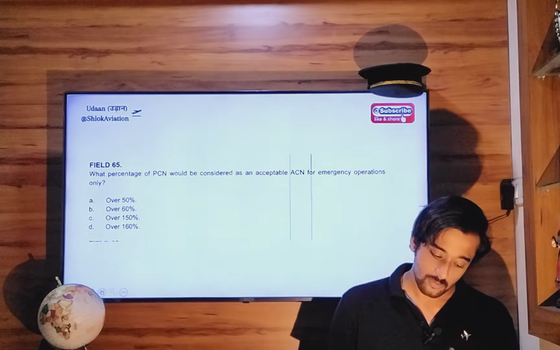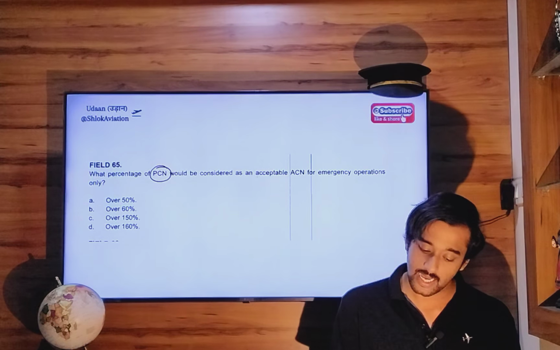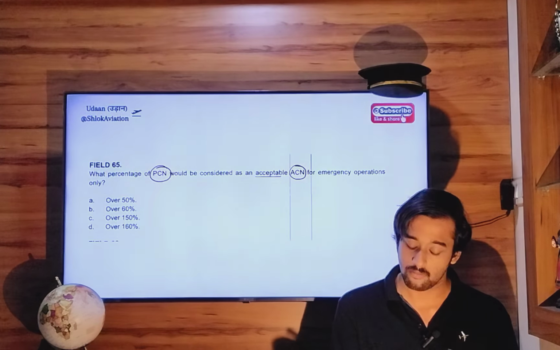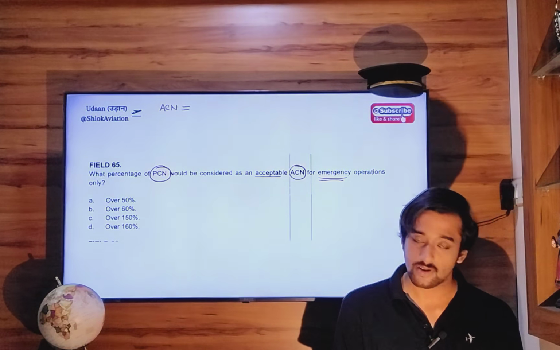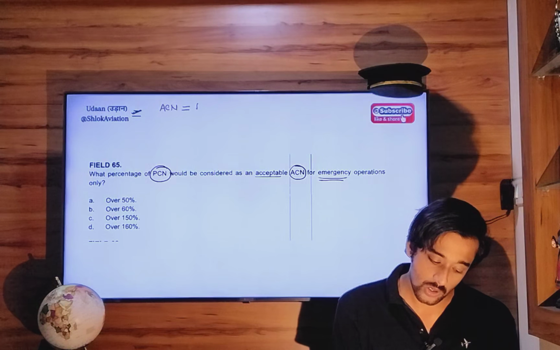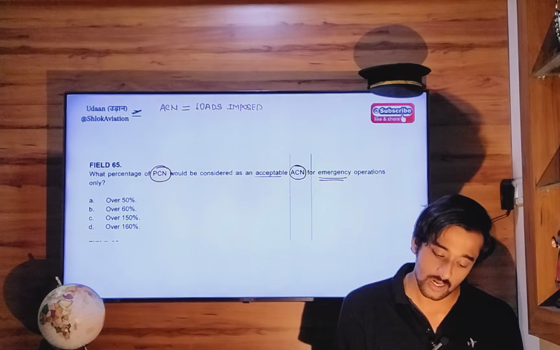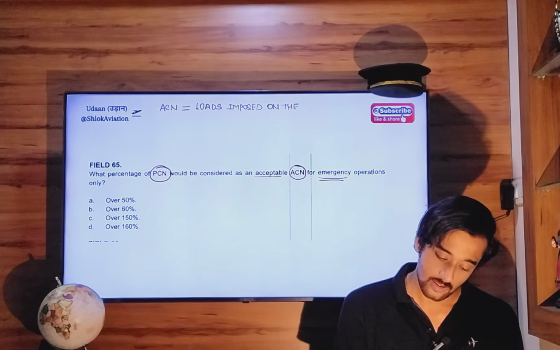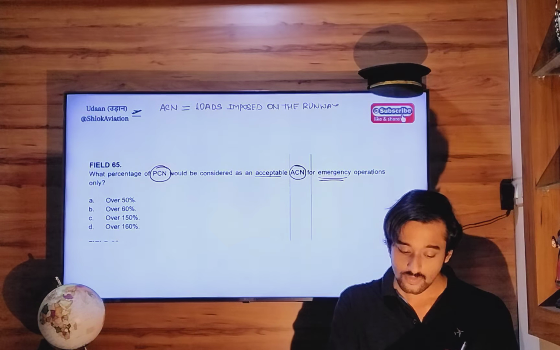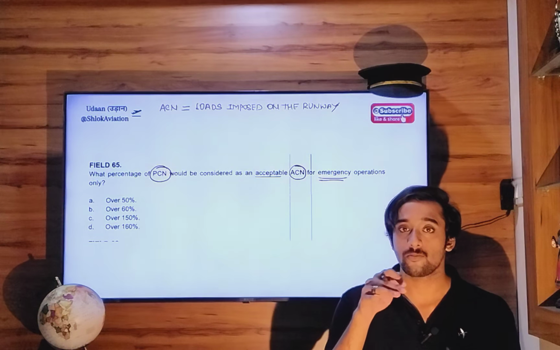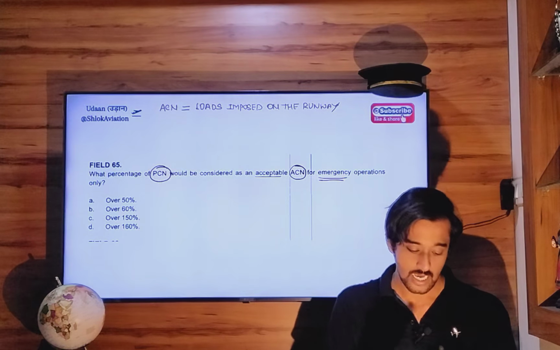65. What percentage of pavement classification number would be considered acceptable for aircraft classification number for emergency operations? Now, what is aircraft classification number? Aircraft classification number signifies the loads that will be imposed by this particular aircraft on the runway whenever it lands, that great load imposed on the runway when the aircraft establishes contact with the ground surface, right?